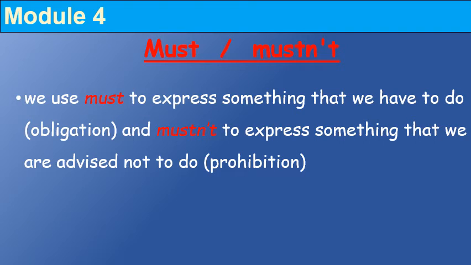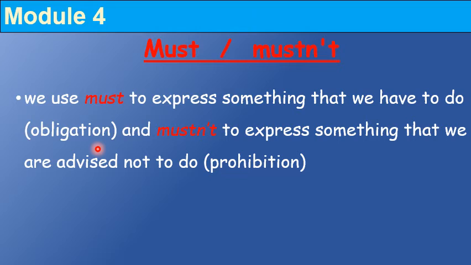In module number 4, we talked about must and mustn't. How do we use must and mustn't, or when? We use must to express something that we have to do. So it is an obligation, something you have to do.